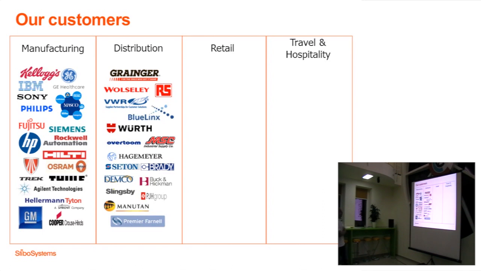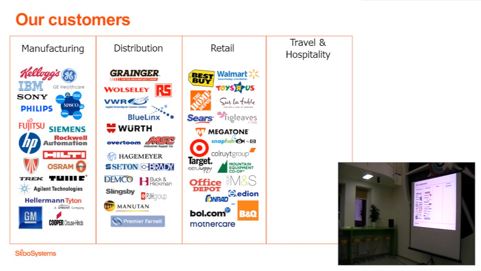In distribution, they are probably a little less well-known to the public, because they are usually doing the distribution behind the scenes, and we don't always see them. RS is maybe one if you're into electronics. I'm a little geeky on the electronic side, so I buy some stuff from RS once in a while. But the retailers, those are the ones that we know here as customers. And some of these companies are also present here in Ukraine.